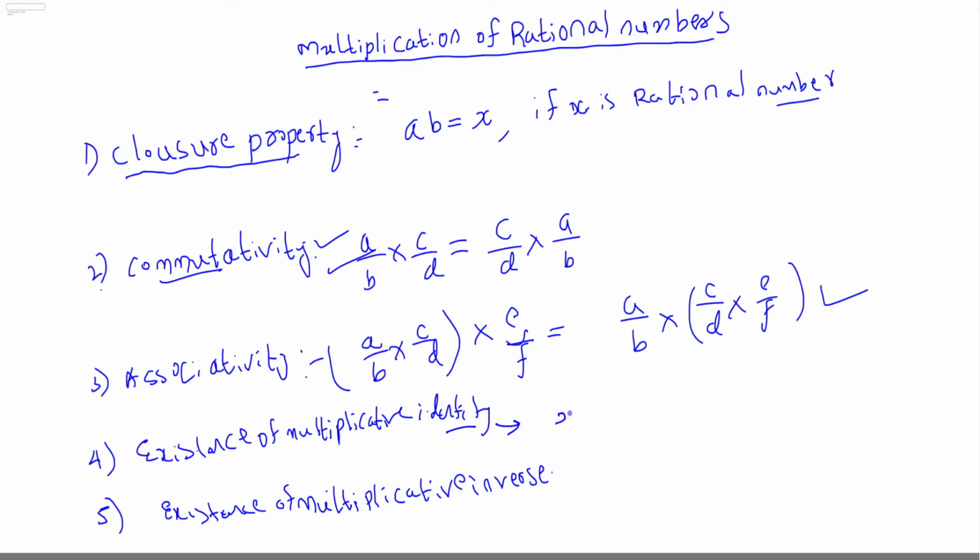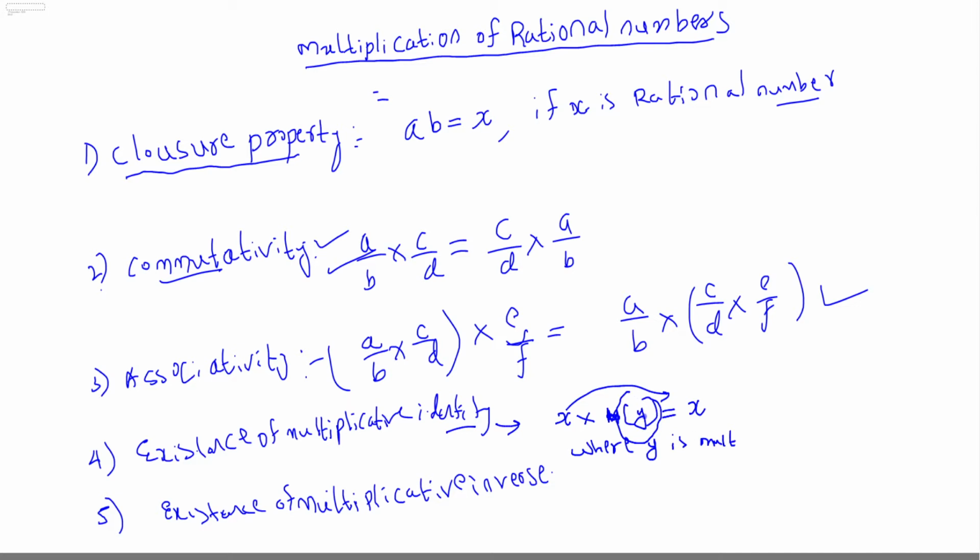If you take any rational number x and multiply it by the multiplicative identity, call it y, and you get the same number again, then y is the multiplicative identity.